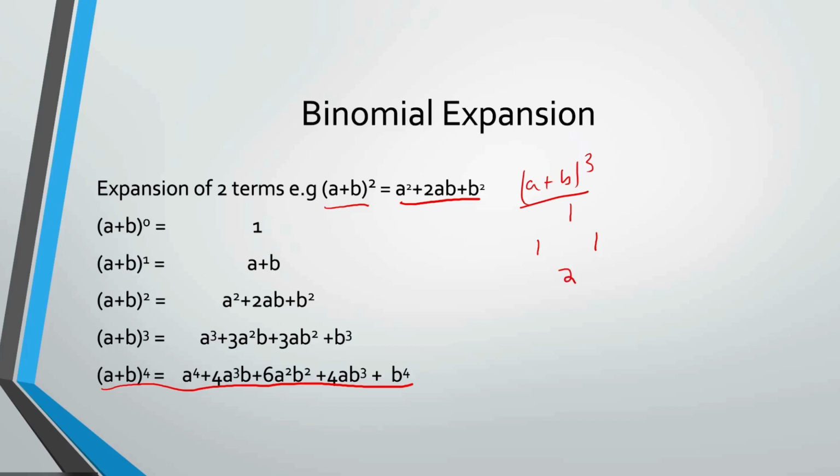Then 1, 3, 3, 1, and then 1, 4, 6, 4, 1. As you can see, there is a pattern: all of the numbers start and end with 1. This is the very basic pattern.